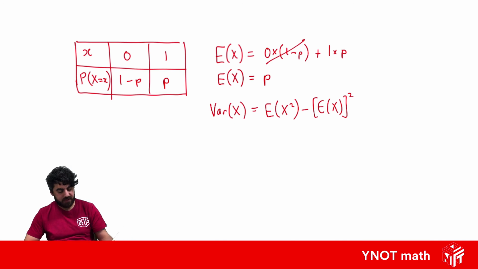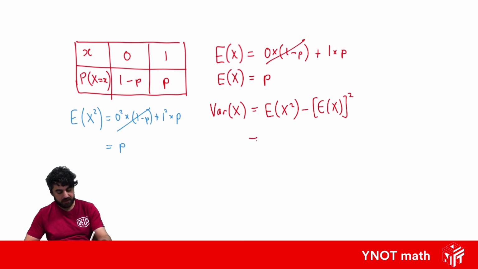So our expected value of x squared, let's do that over here, is just squaring our values for x: 0 squared times its probability of 1 minus P, plus 1 squared times its probability, which is P. 0 times all of this is 0, and 1 squared times P is just P.